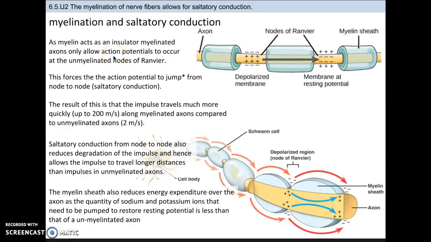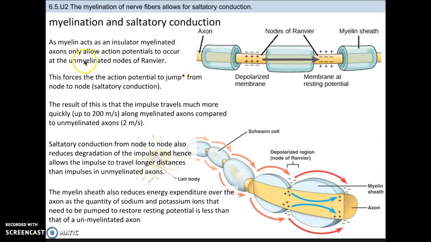And this allows the signal to go really, really fast. So think about the nerves that you would want to have a very fast impulse traveling through, up to 200 meters per second along the myelinated axon compared to unmyelinated, which is just 2. So 200 to 2, it's much, much, much faster. And that's crucial for reaction time, all sorts of different things.